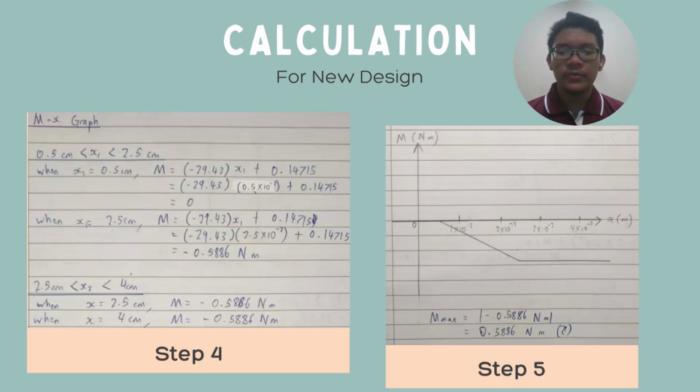For step 4, we have to substitute the value of the distance into the formula of the moment. And with those values, we can input them into step 5, which is the graph. And we can determine the maximum bending moment, be it counterclockwise or clockwise.